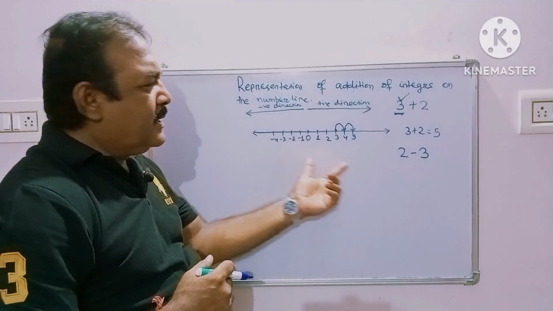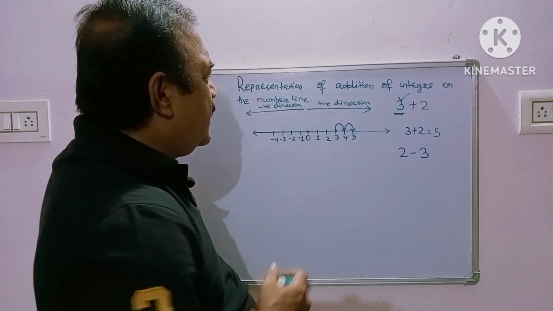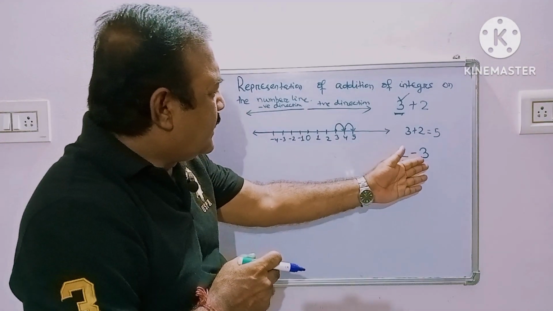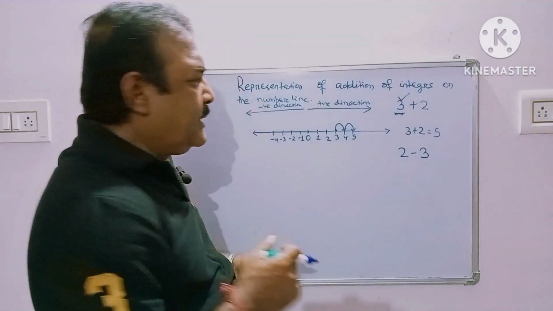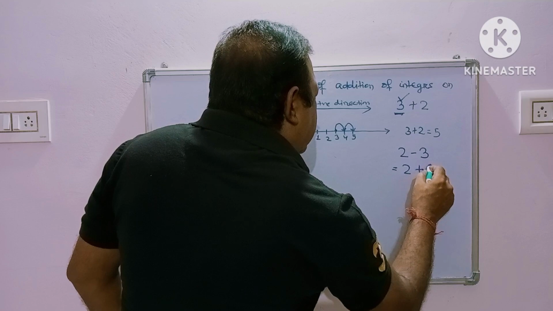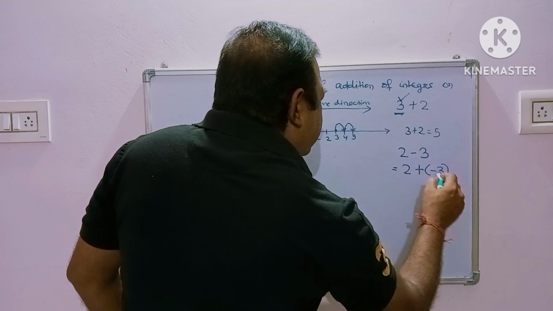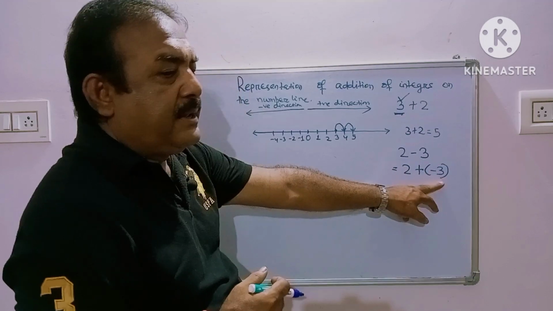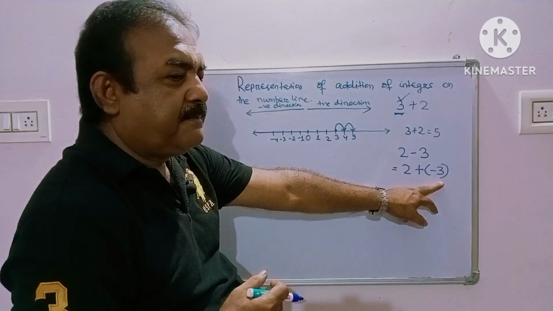Suppose we are doing 2 minus 3. What does it mean? We will have to take 3 out of 2. What does it mean? You see, that is equal to 2 plus of minus 3. You can write like this.